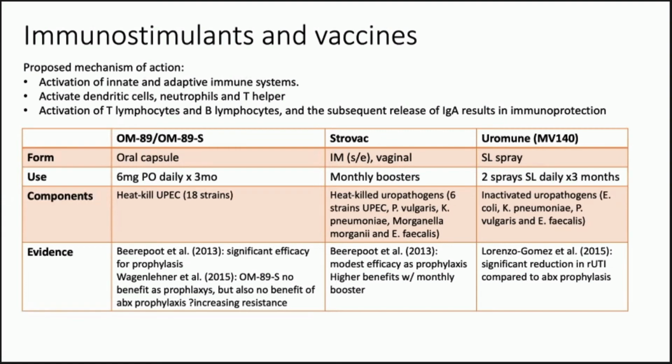And there's actually been a new drug submission to Health Canada in March 2022 for Urimune. So it's potentially something that we will see available in the near future in our Canadian market. It's already approved and recommended in Europe.